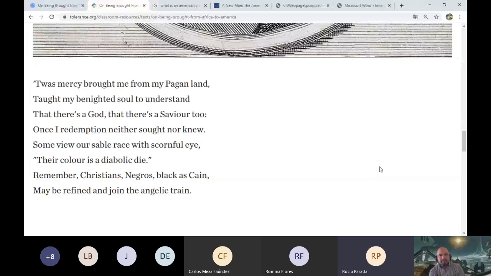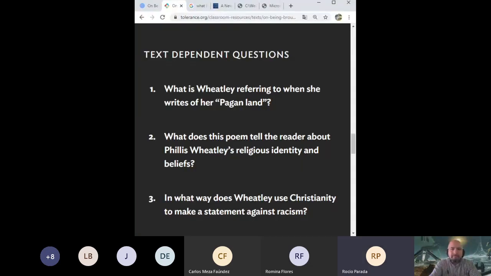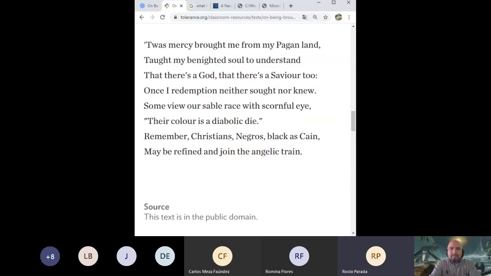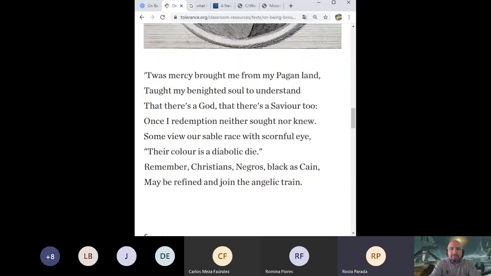Like unaware of the knowledge of God and all of that. So maybe in here she's trying to express that even though she was captured by these pilgrims or the people that were doing colonies there, that was a sign of mercy for her, because she was pagan.